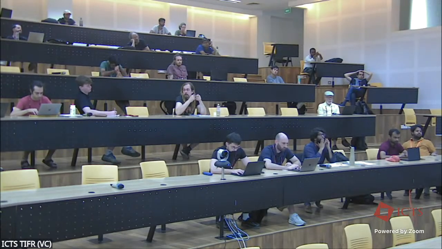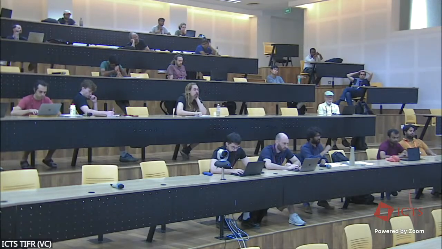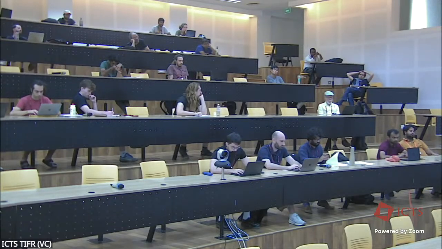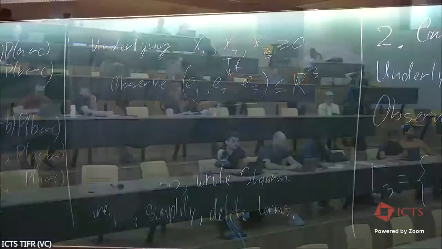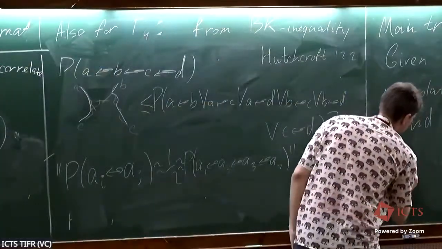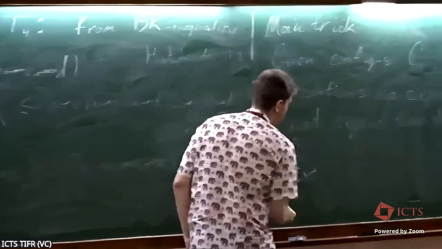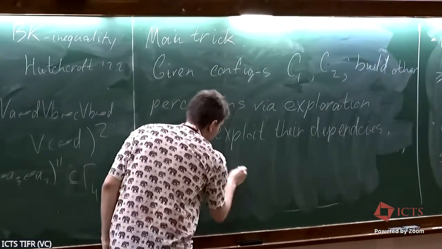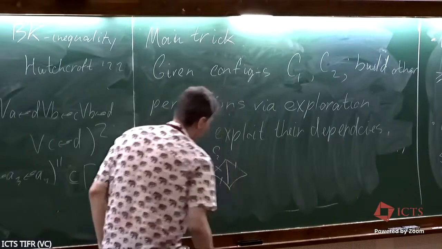Sure. So the main exploration argument we use has the following form. You look at the configuration C1, where some edges are open, some edges are closed. You look at the configuration C2, and you do the following.